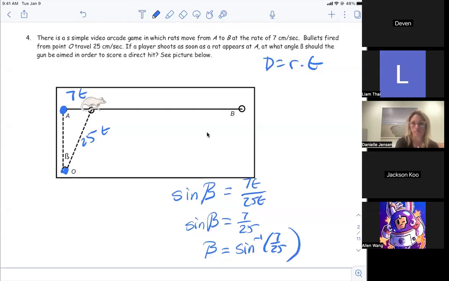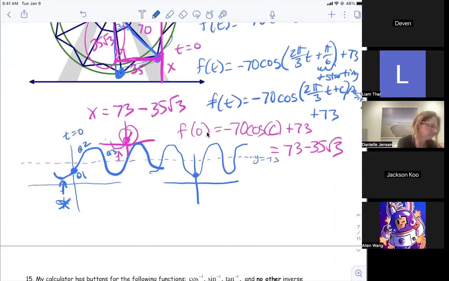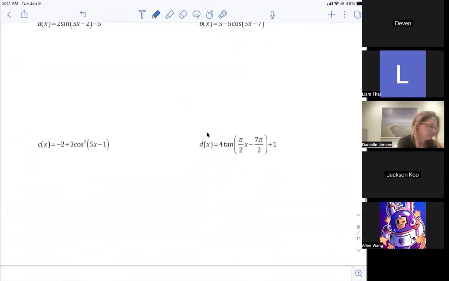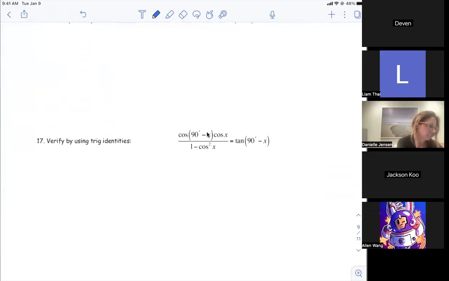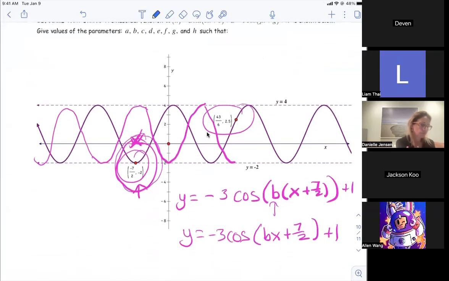Devin, I had a question on back to 18. Wait, which one was 18? Okay, so I got to the whole cosine thing, and then I plugged in the point 43π/6, 2.5.